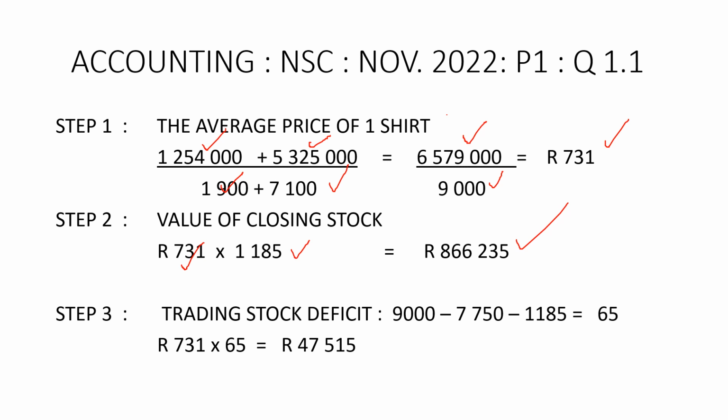And finally, we have to work out the value of trading stock deficit. In other words, the value of cost of stock that is damaged. You take the number of units available for sale minus the number of units sold minus the closing stock of units, which is your stock on hand, and the number of units of stock that is damaged or trading stock deficit is 65.